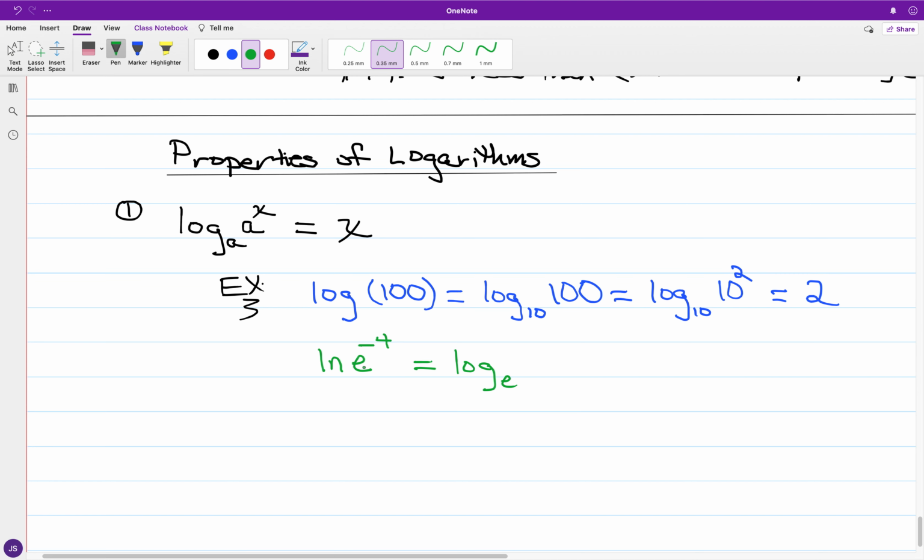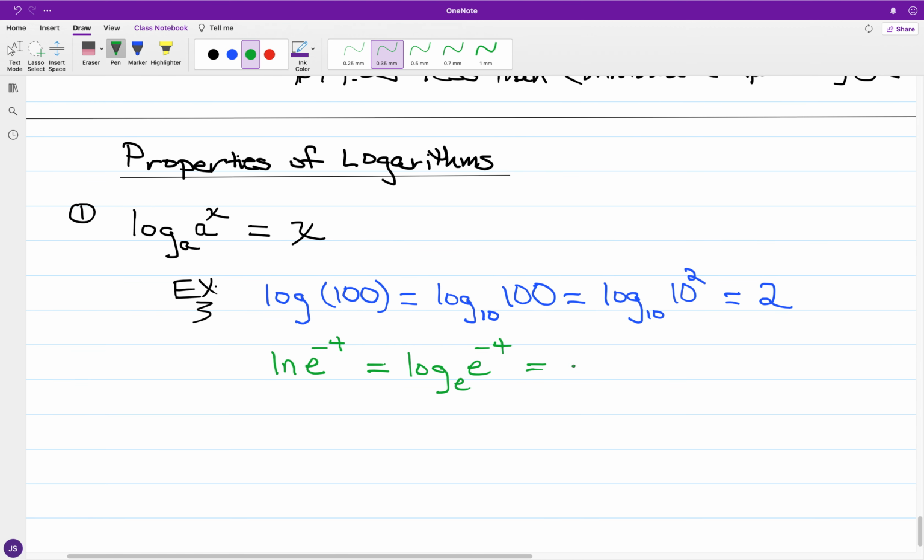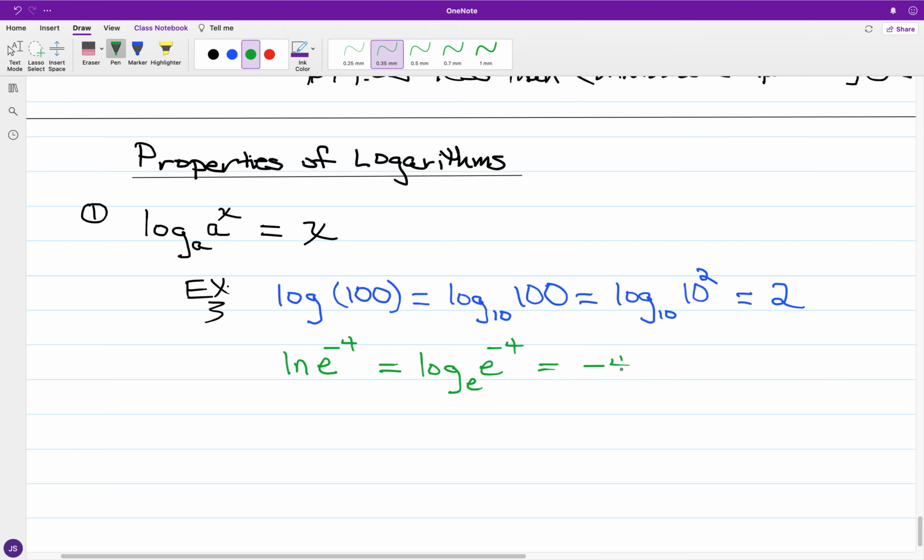So the natural logarithm of e to the negative 4, you're looking at a base e logarithm of e to the negative 4. So here x is at negative 4, and a is going to be at e. And again, we have an identity between the exponential and the logarithmic bases, so this is going to reduce to negative 4.